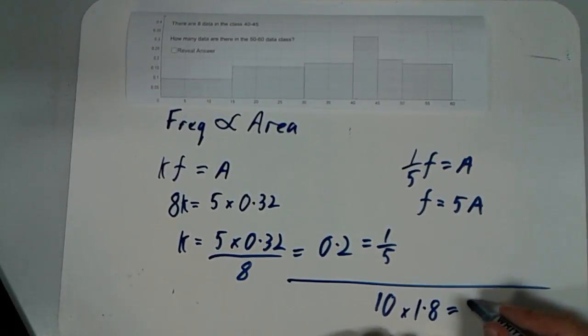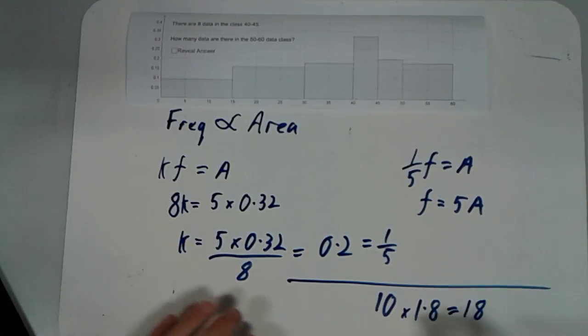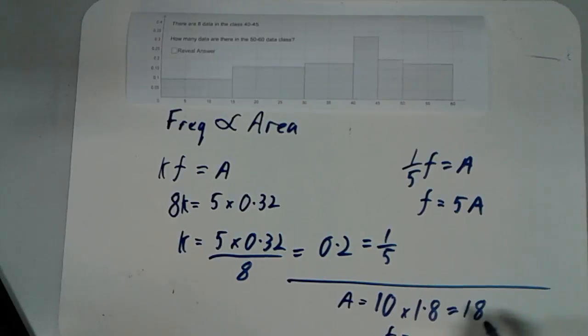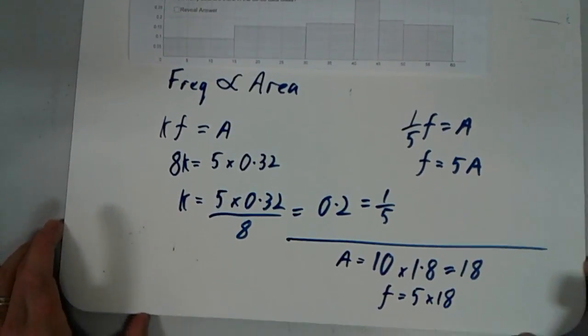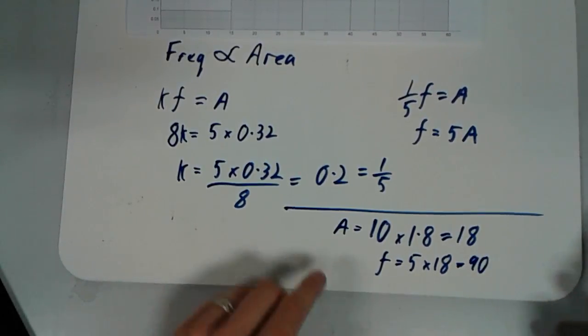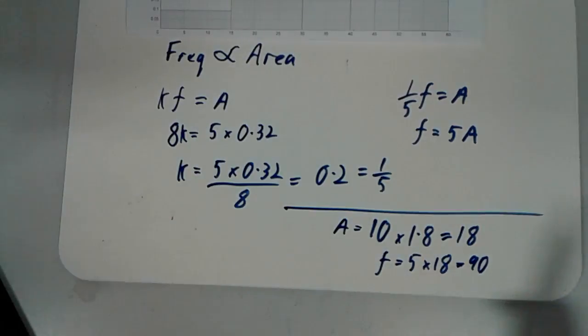That gives us an area of 18. Therefore, our frequency is going to be 5 times 18. 5 times 18 is 90. So the frequency of that class was 90.